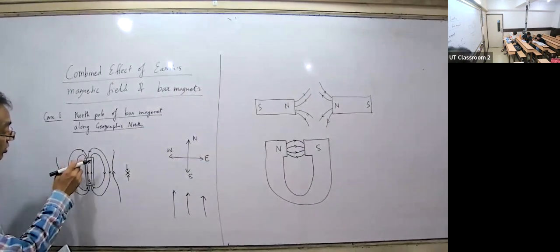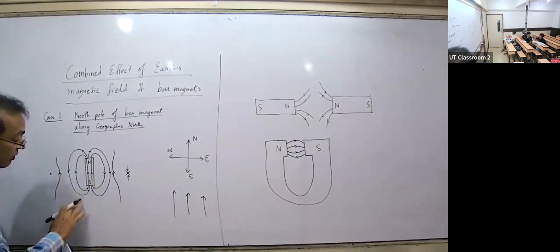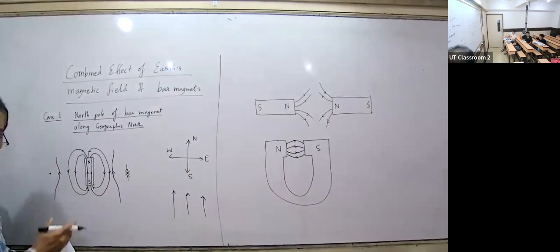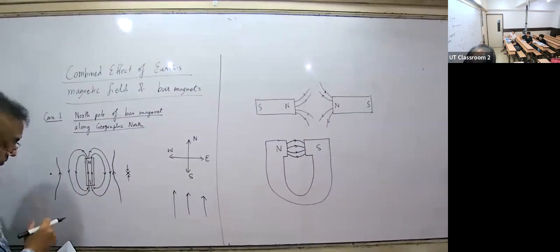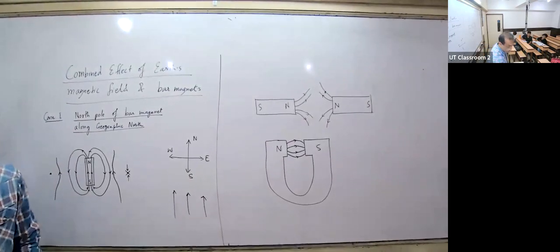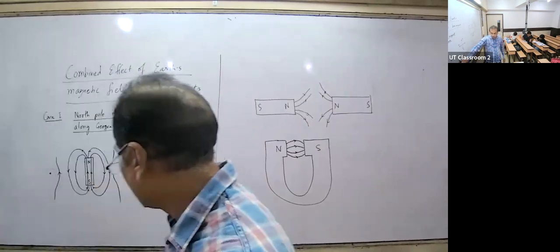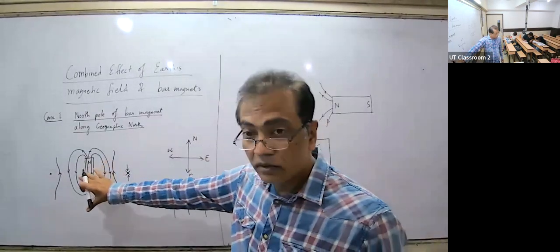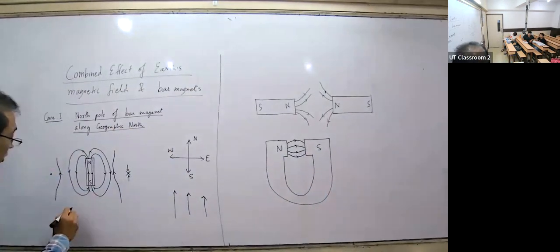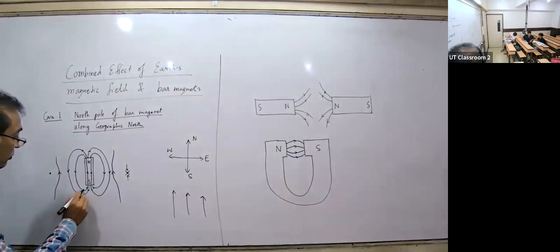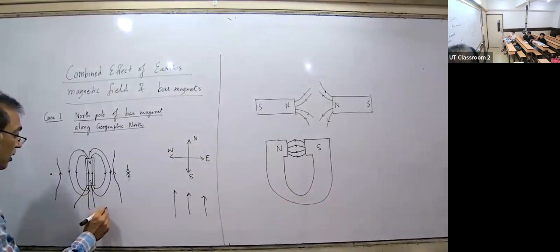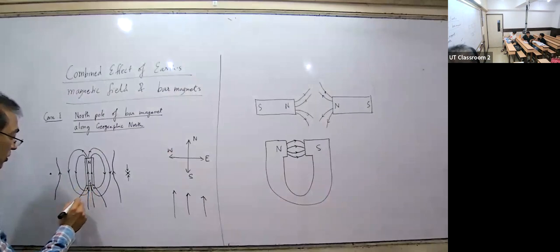Everything of the earth also will go here. But when you go away, there it will cancel. So draw this diagram. This kind of magnetic field you will get only when the magnet is alone. But under the influence of the earth, what will happen? Here the earth's magnetic field also will enter into it. So the combined effect will be something like this, as shown in the book.